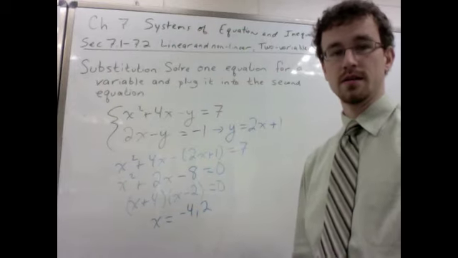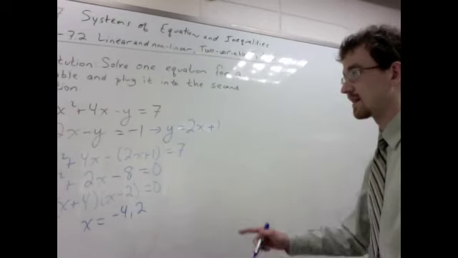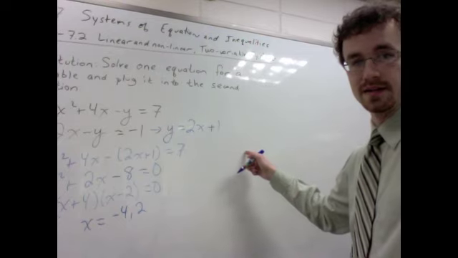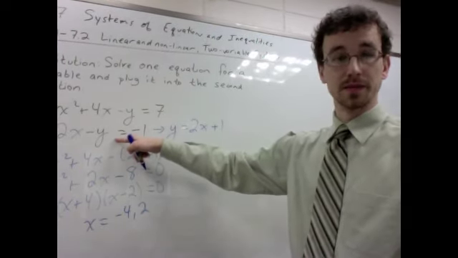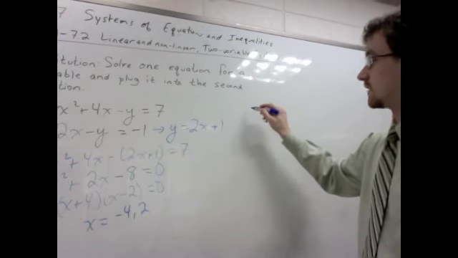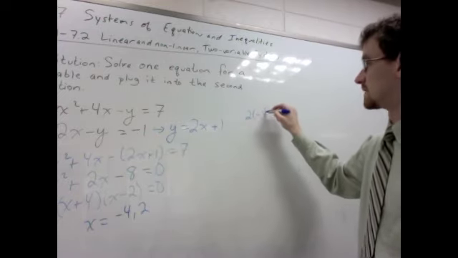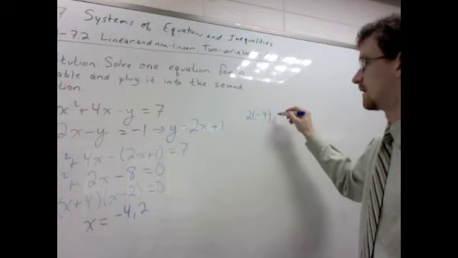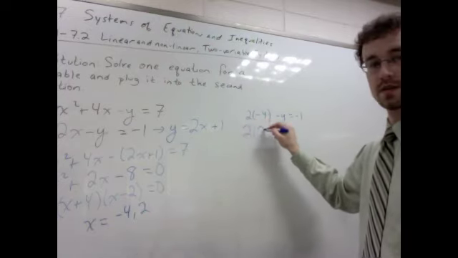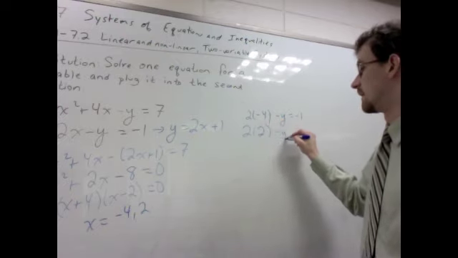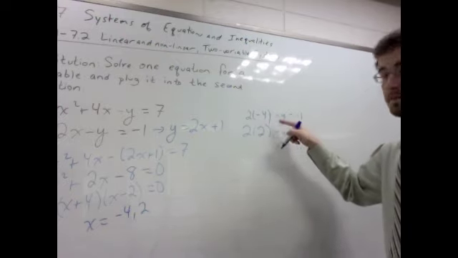Then we can take those values and plug them in to find values for y. I'll use the second equation because it's simpler. It doesn't have that x squared. So 2 times negative 4 minus y equals negative 1, and 2 times 2 minus y equals negative 1.